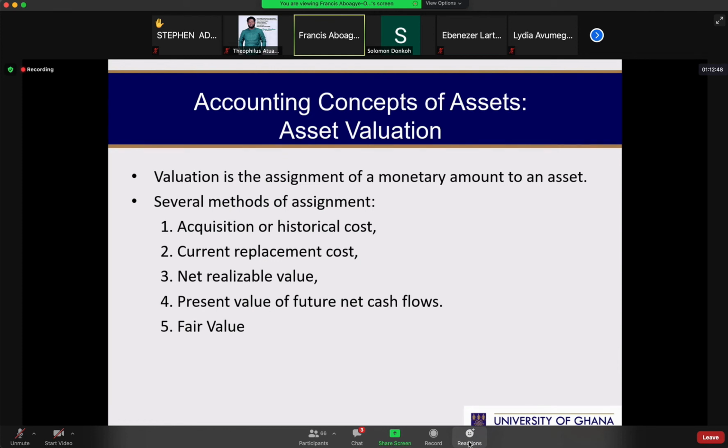The unit cost is 5 cedis. And the unit selling price is 8 cedis.